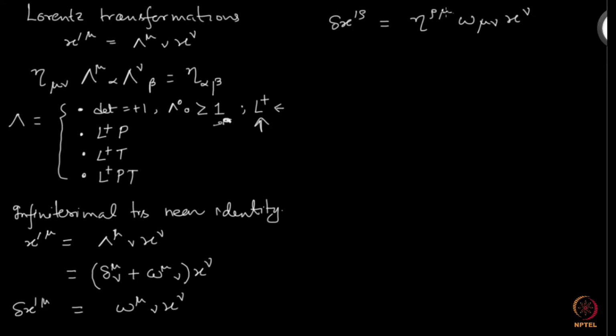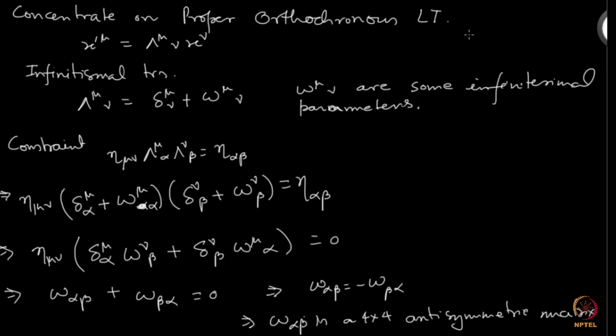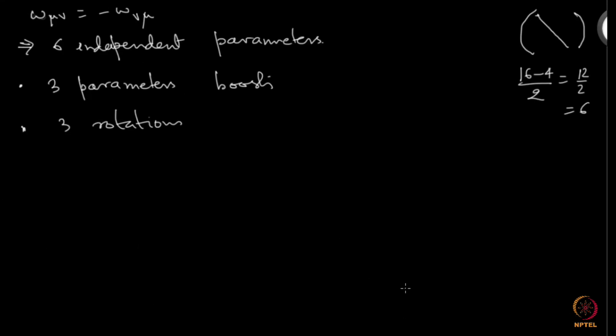Nu is contracted, mu is contracted, only rho is free, and that is fine because only rho should be free, as on the left hand side. We have already argued in the last lecture that omega with both indices below is antisymmetric. It's a 4 by 4 antisymmetric matrix, and that is what I am going to utilize now.